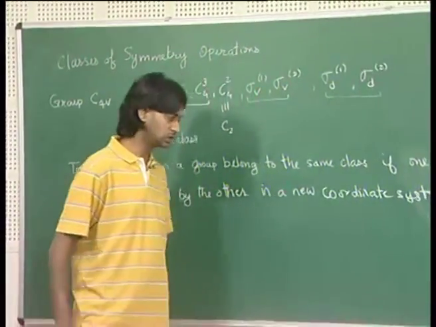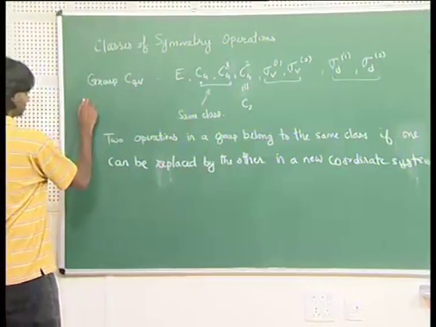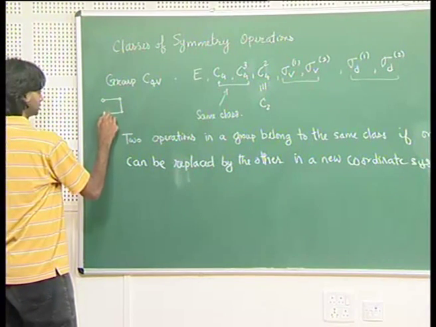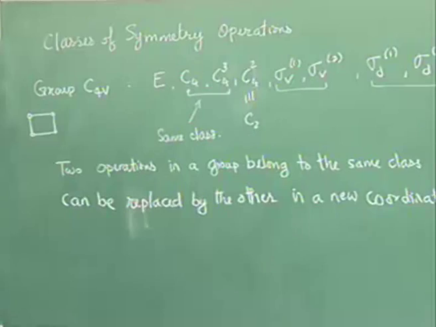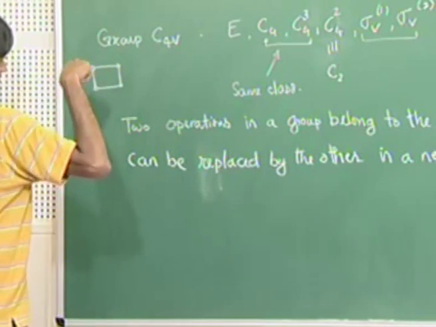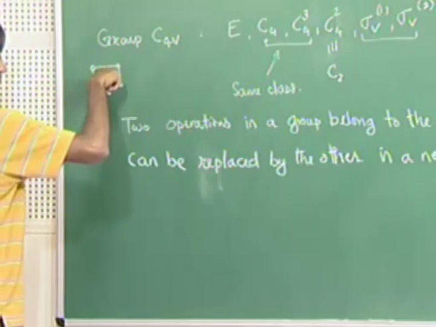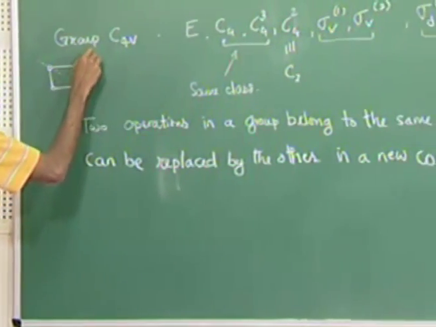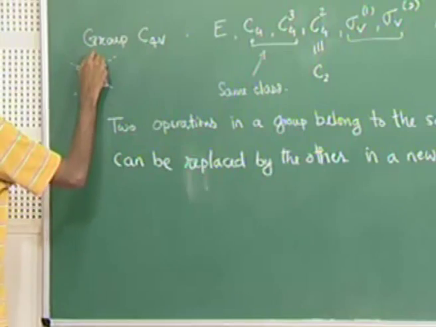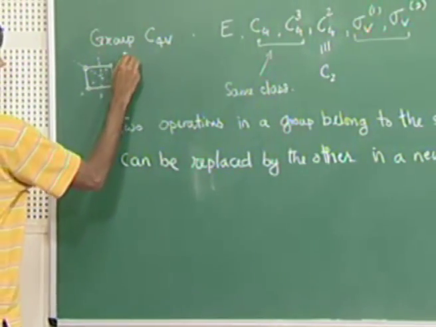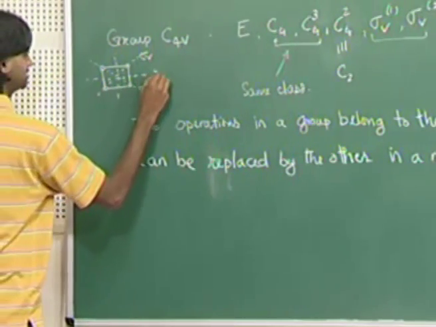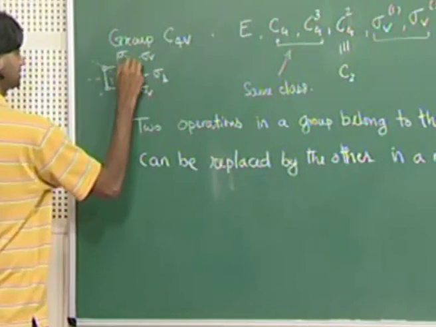So, you can think of a planar molecule. If you think of a molecule that is planar, then the C4 axis would be one that passes through this, and you would have these two as sigma v, and these two as sigma d's.